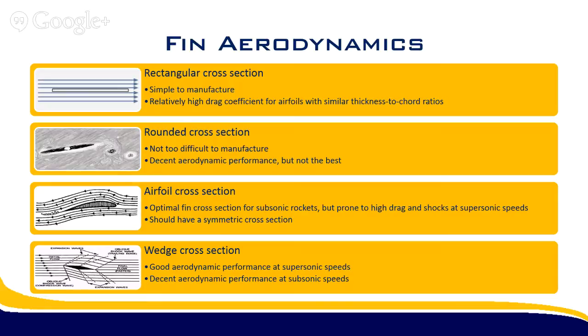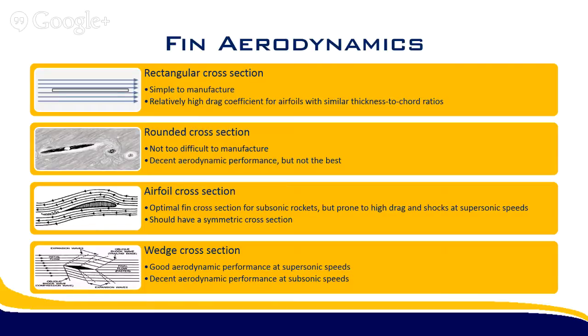They're still a challenge, especially if you have something like plywood that is not meant to be sanded. If you have balsa, it's usually pretty easy. And they actually have decent aerodynamic performance, less drag, but still not the absolute best, especially when you compare it to other options that you have, like the airfoil fin.